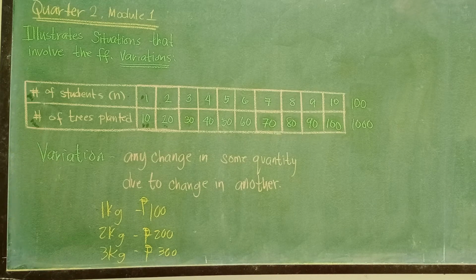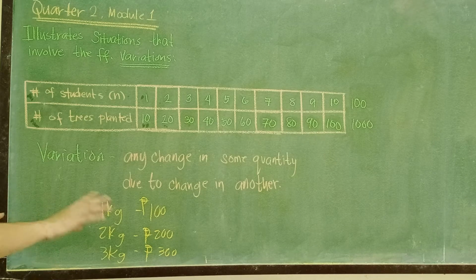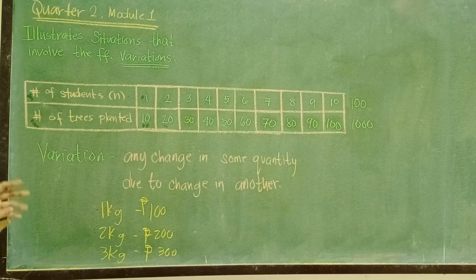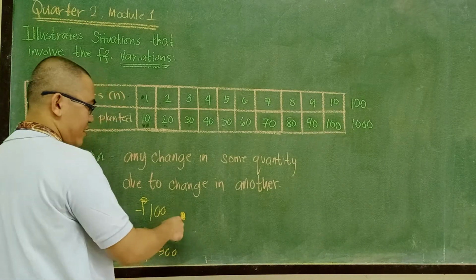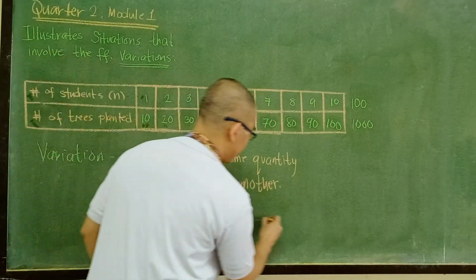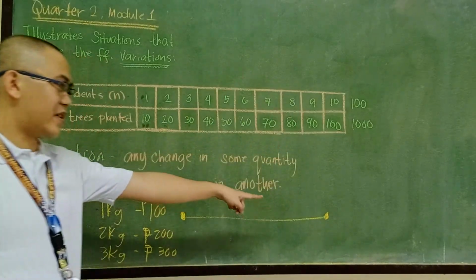Meron pang isa, yung inverse variation. Pahapiyaw lang para malaman natin ano yung concept ng variation. Yung speed with respect to time. So let's say, meron kang sasakyan and then ito yung distance na kailangan ng travel.